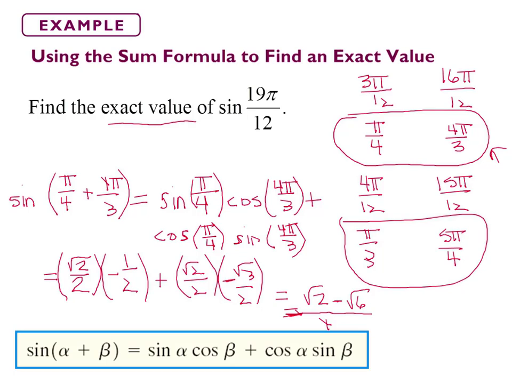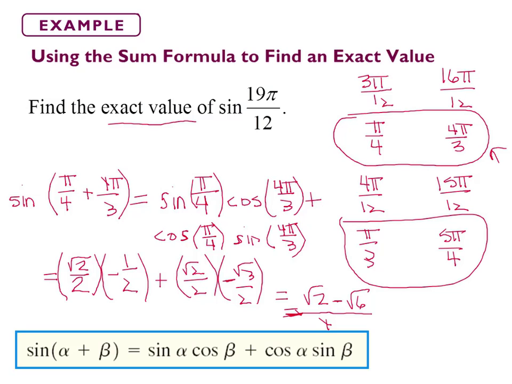Yeah, Griffin, what's up? So, do we always use reference angles, like when we're adding these things at the end? At the bottom of the screen where you have radical 2 over 2 minus 1/2 plus the rest of it, are these all reference angles?